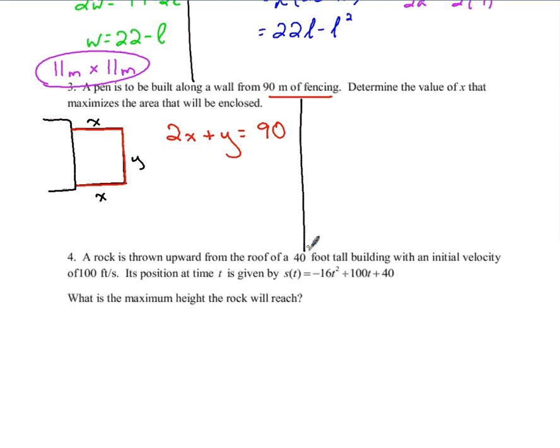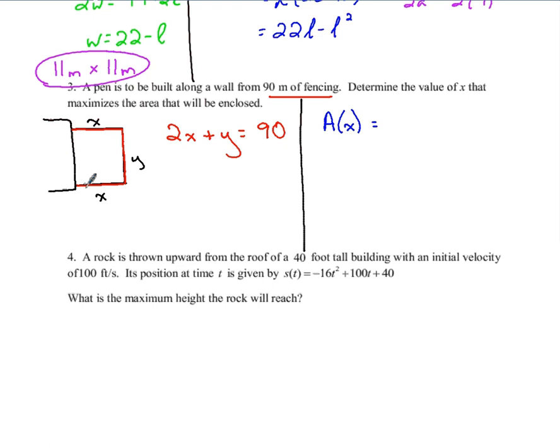Now, function-wise, determine the value of x that maximizes the area. All right, we're talking area again. So let's do A of x. Since ultimately we want to determine the value of x, we'll do A of x. That's going to equal, okay, I know we're only using the three sides here, but does that really impact how we're finding the area of the rectangle?